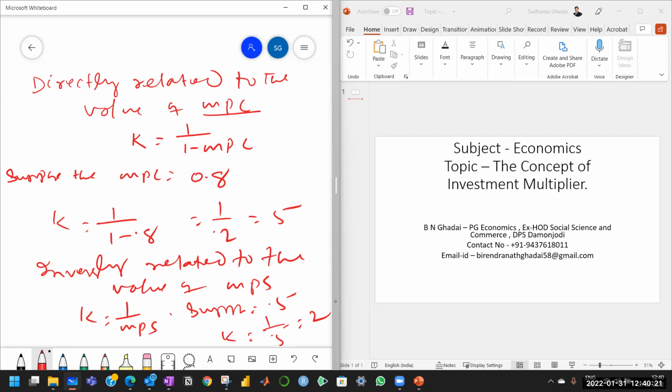This is how multiplier is calculated from MPS, marginal propensity to save, because it is inversely related to the marginal propensity to save, but directly related to the value of marginal propensity to consume. We can use a hypothetical table, a numerical example, to show how the value of multiplier is inversely related to the value of MPS and directly related to the value of MPC. That we'll see now.